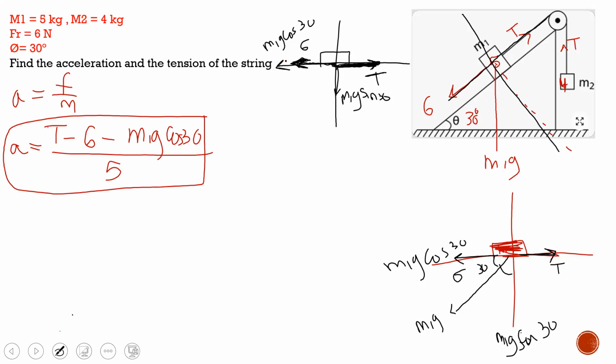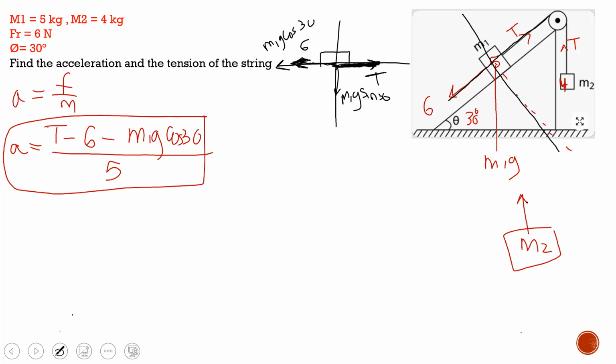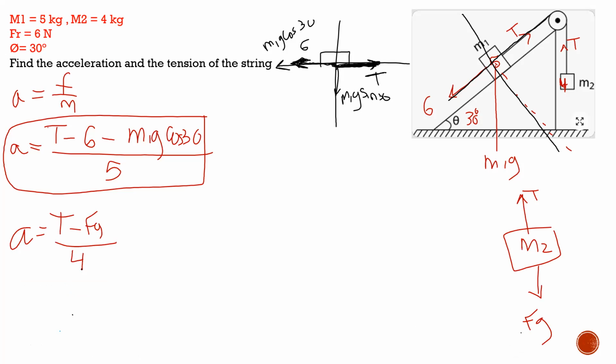Let's talk now about the second one, which is m sub 2. For m sub 2 here, we have the tension upward and F gravitational downward. So a here, the force acted on m sub 2, is T minus Fg over the mass, which is 4.